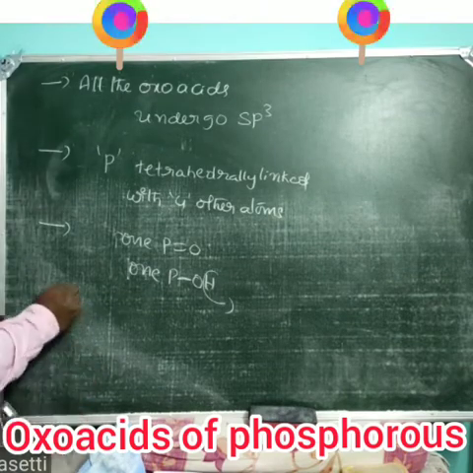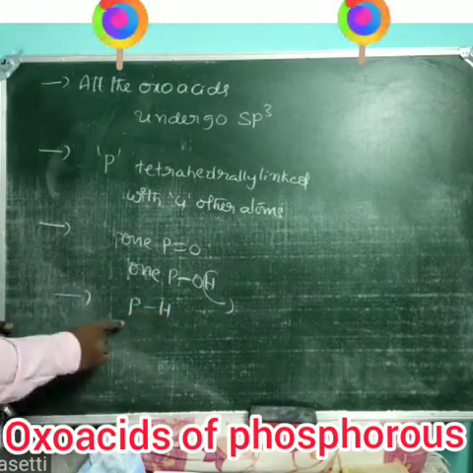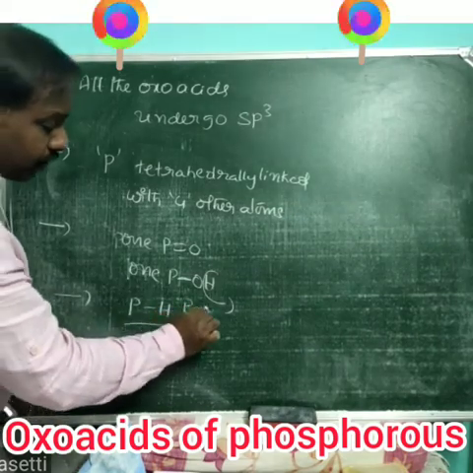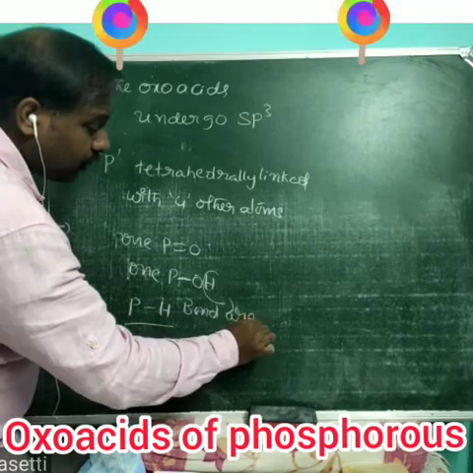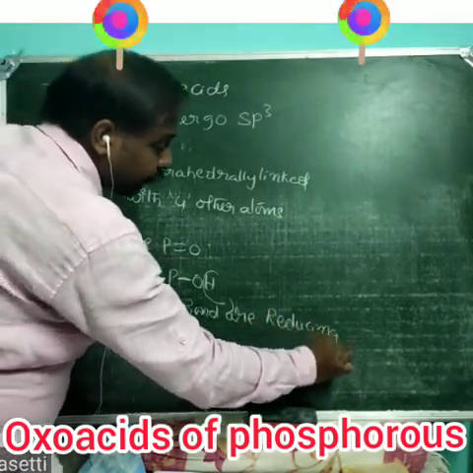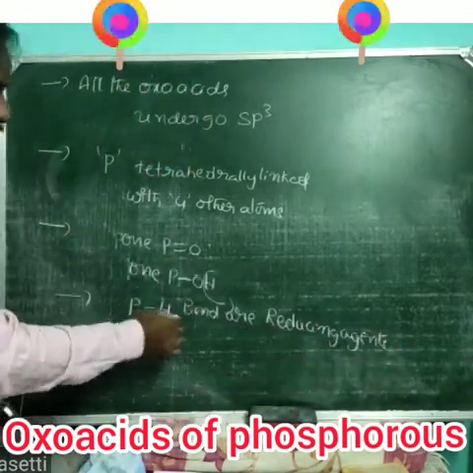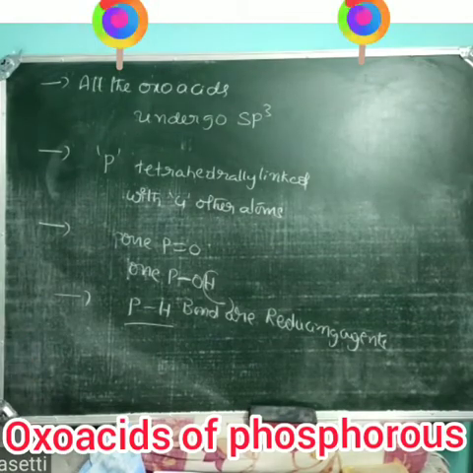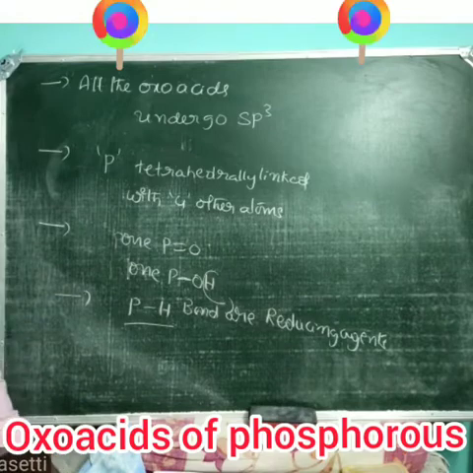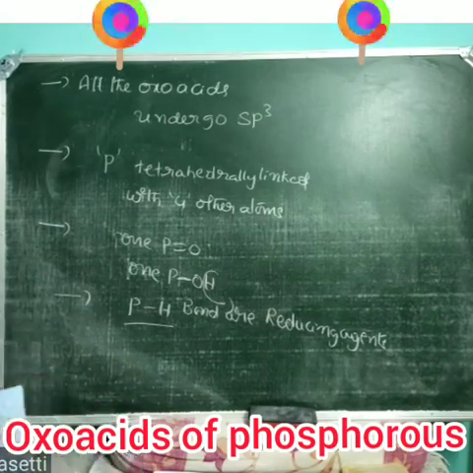Remember an important point: oxoacids which contain a P-H bond are good reducing agents. If any P-H bond is there, that acts as a reducing agent. If no P-H bond, it does not act as a reducing agent.